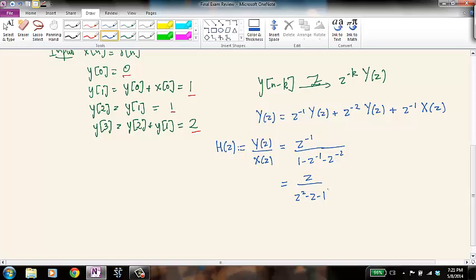Now when you have something like this, if you want to understand what the system is doing, you should really try to factor the denominator into its poles.